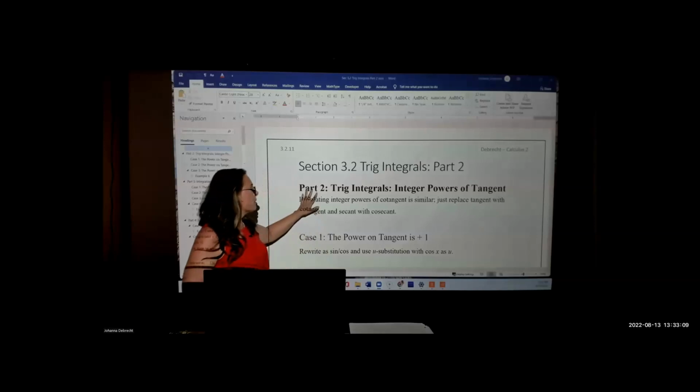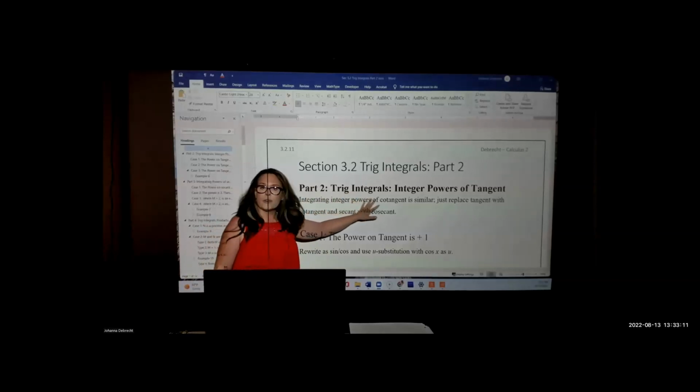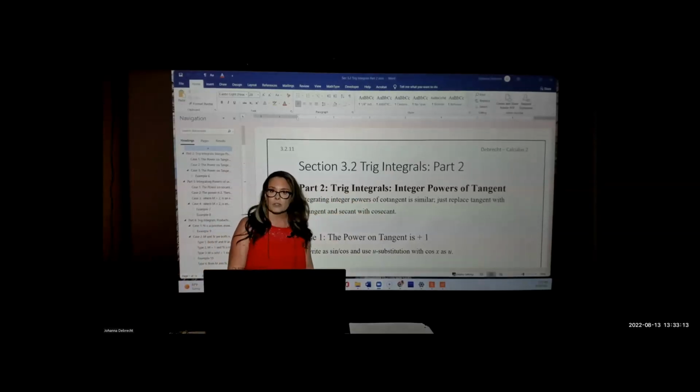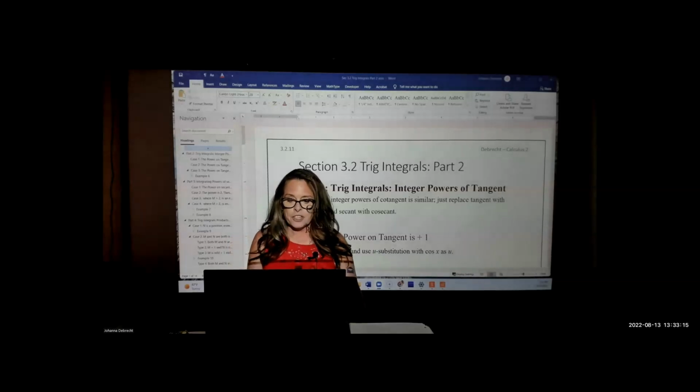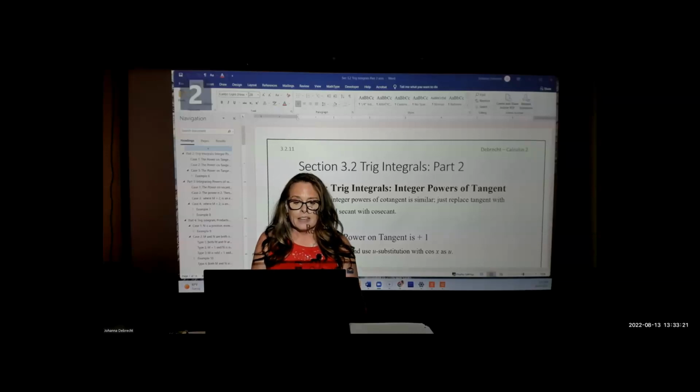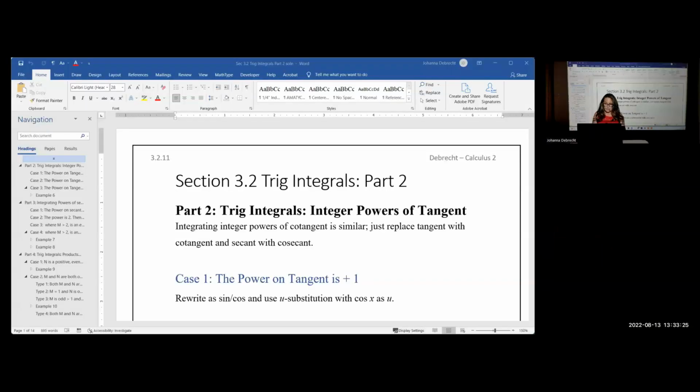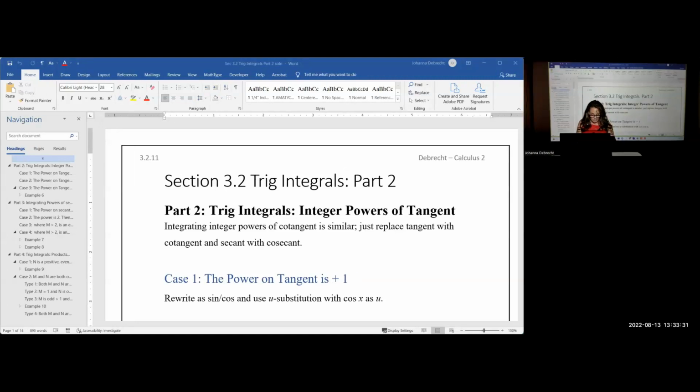We're going to take a look first at part 2, trig integrals, integer powers of tangent. Let me share my screen with you so that you can see what I'm looking at far more simply. Now, you're looking directly at my notes here, and on the left side, I have the navigation menu open.